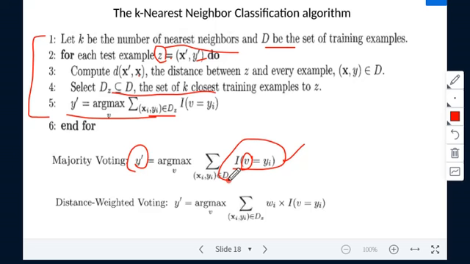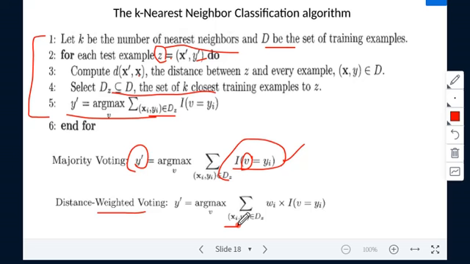One way to reduce the impact of k is to weight the influence of each nearest neighbor xi according to its distance, that is wi equals 1 by d square.